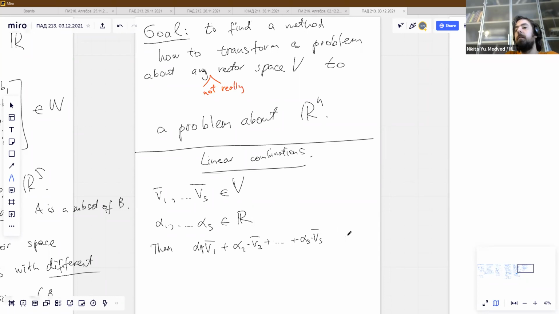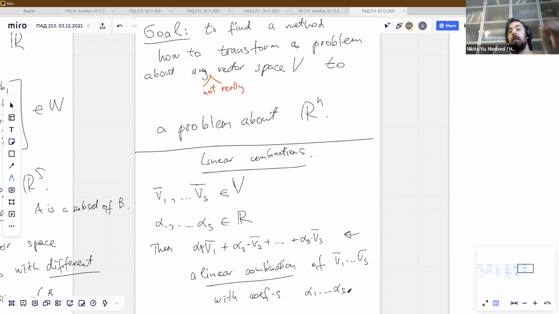And the result is called a linear combination of v1, etc., vs with coefficients alpha 1, etc., alpha s. That's it. Nothing really new here. We have been using linear combinations many times already. We simply have a new name for them. It is the simple operation of multiplying one thing by a number, plus another thing multiplied by a number, plus etc.